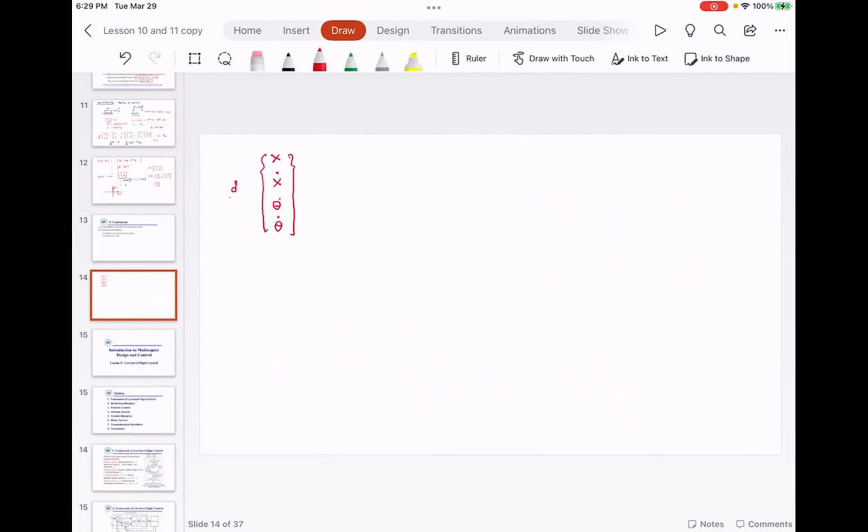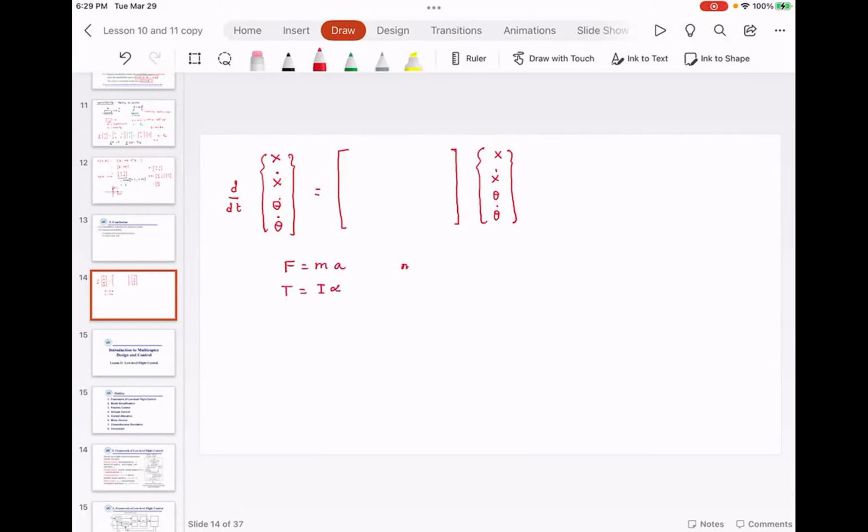X d by dt is equal to x dot, theta dot, and the equations that I'm looking at are F equals m a and T equals I alpha.